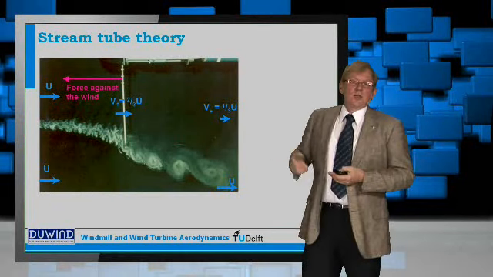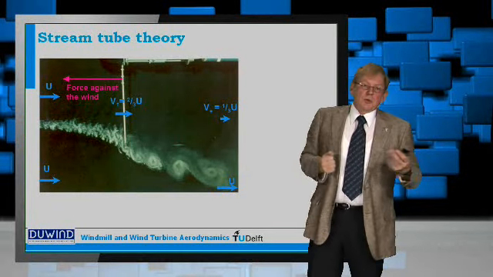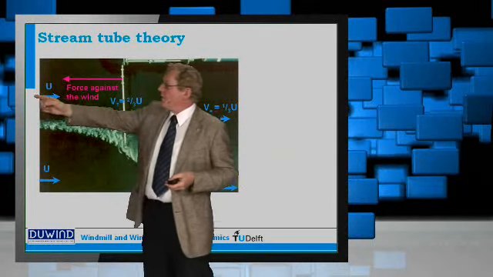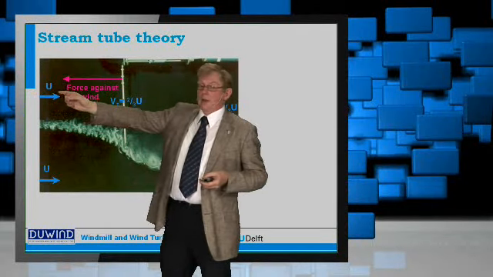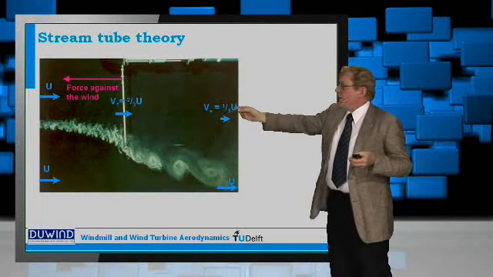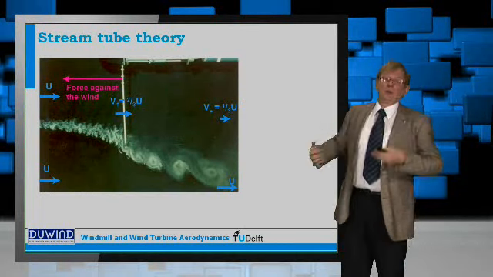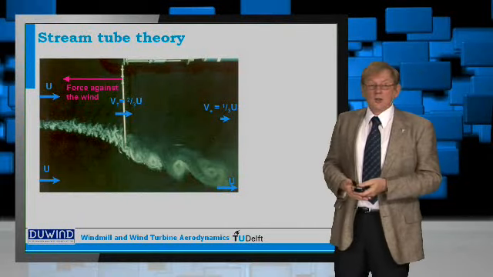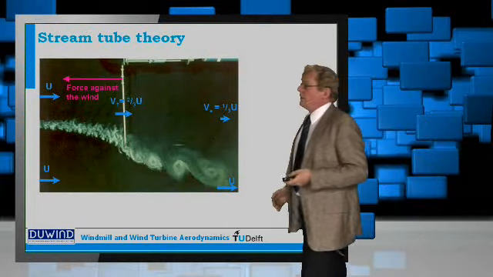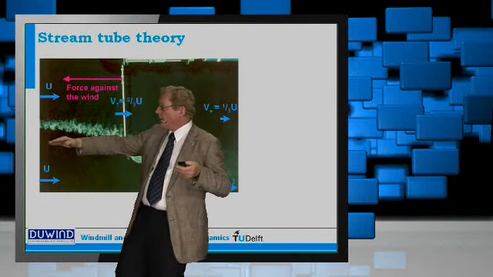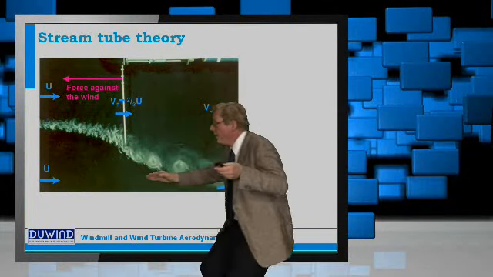And what I've shown here is actually the optimal situation. And the optimal situation is such that, of course, in front of the rotor you still have the undisturbed speed, but when we go down, then in the end you end up with 1/3 of the speed that you had in front. What you can also see is that part of the air that's coming from the wind tunnel, that's the part that's over here, is now escaping.